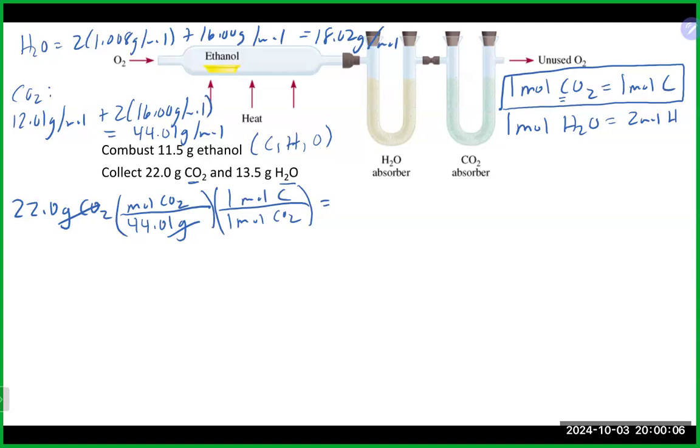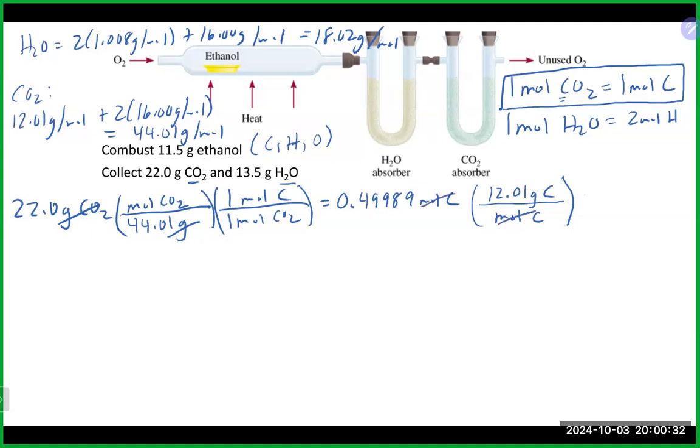We'll take our 22 and divide it by 44.01. That will give us 0.49989 moles of carbon. I now can use that and the molar mass of just carbon to figure out how many grams of carbon that was. That's 12.01 from the periodic table.